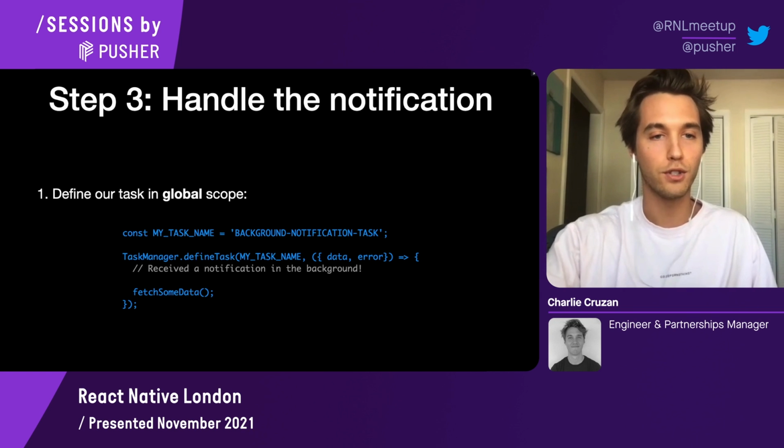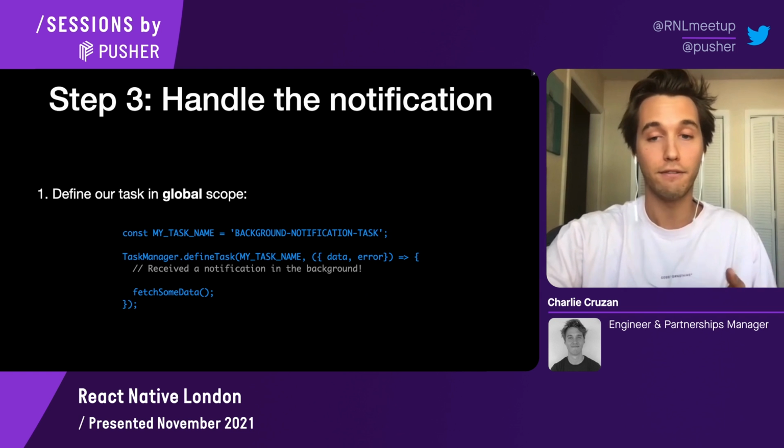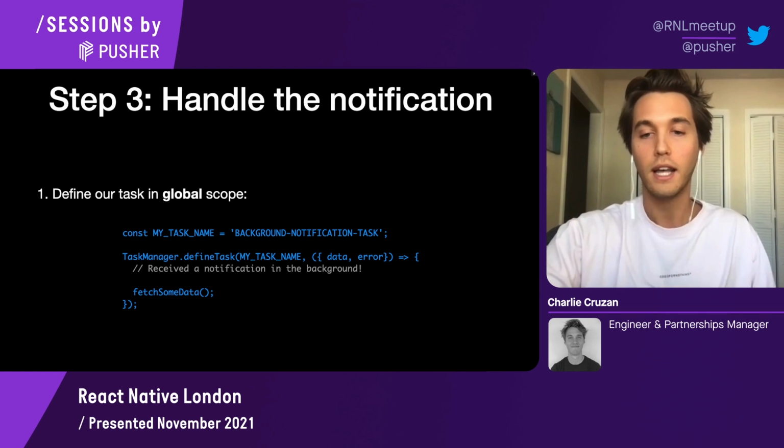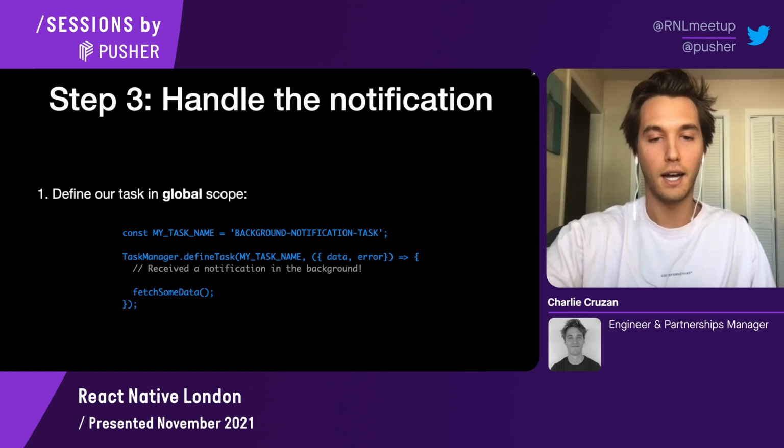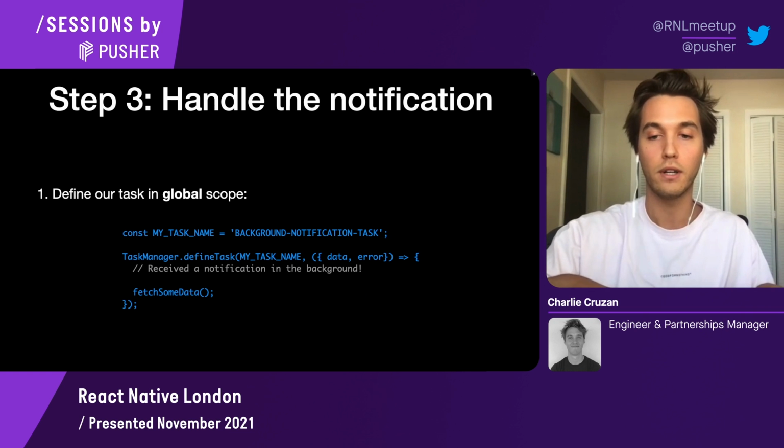Cool. So first off, for background notification handling, we want to define the task that will be run. So this task takes two parameters, an identifier, which is just an arbitrary string, and then the function that we want to run. So here we just have a dummy function saying fetch some data. One thing that's really important to note is that this function needs to be defined in the global scope, so outside of any React Native component.